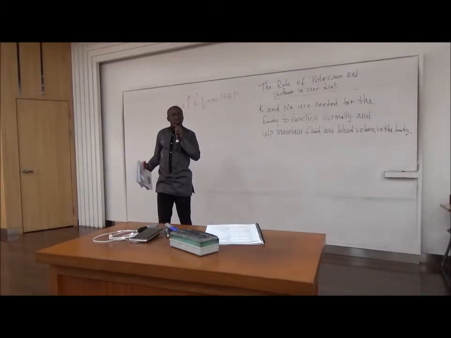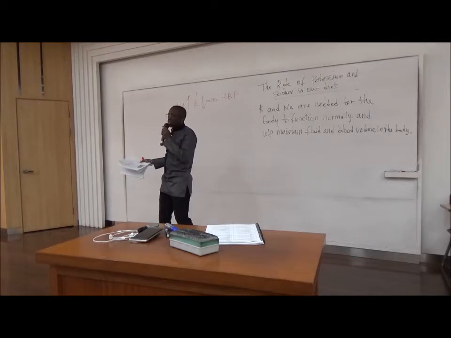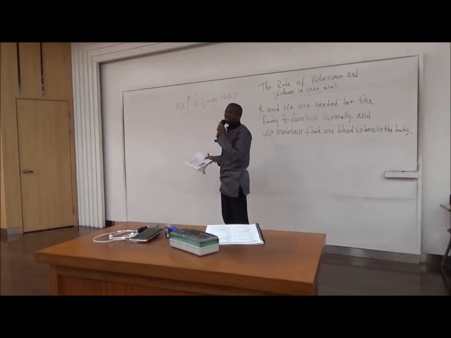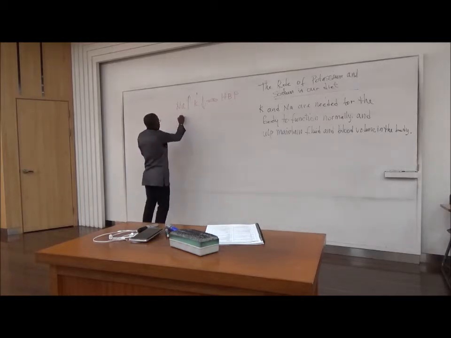So then, this is a problem. You look at a person's diet and you say, oh, a lot of sodium in the person's diet. Remember, the nutrition assessment is ABCD.